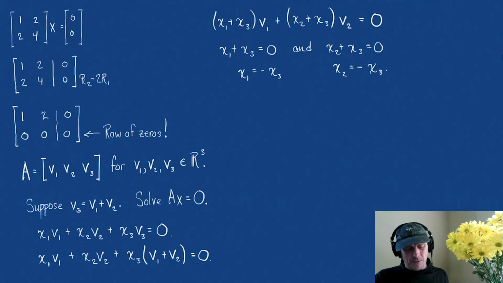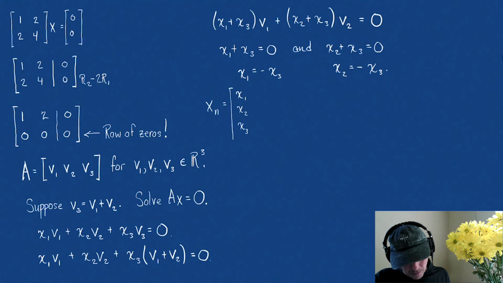What does that tell me? It says that my null solution xn, which we originally said is x1, x2, x3, is: x1 is minus x3, x2 is minus x3, and x3 is just a free variable.